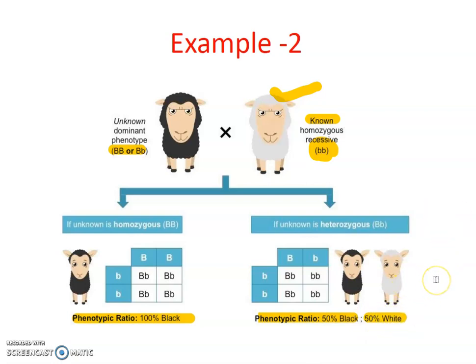Progeny means newborns. So white color appears due to the heterozygous condition here, and only black color develops when the two genes are dominant. There is no homozygous recessive form, so all become 100% black.